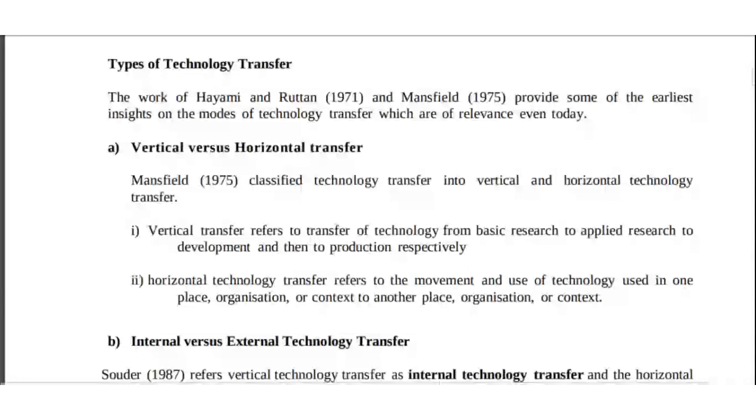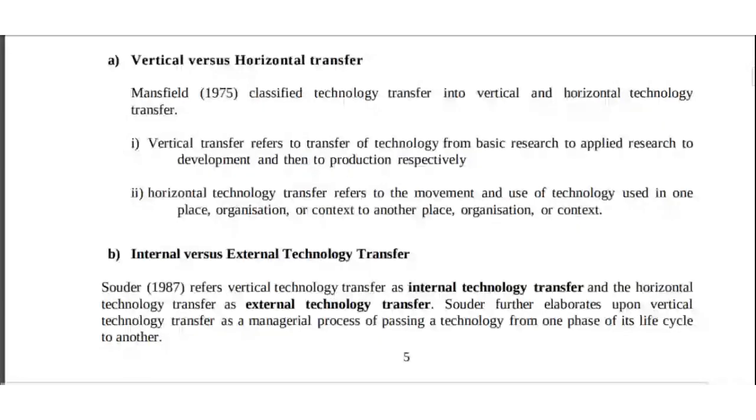Then there are also issues about modes and mechanisms of technology transfer. Modes and mechanisms of technology transfer. And as it says, the above technology transfer concepts were put in perspective by Amsden and Habibi.